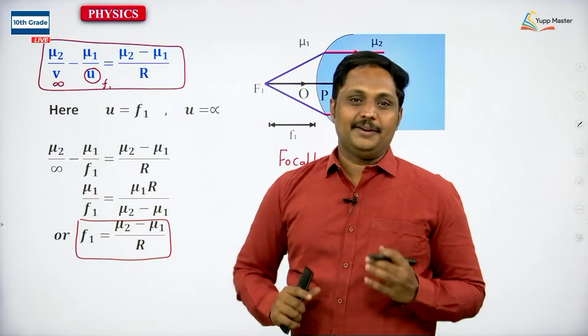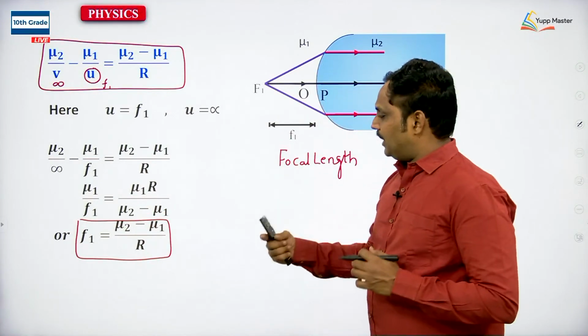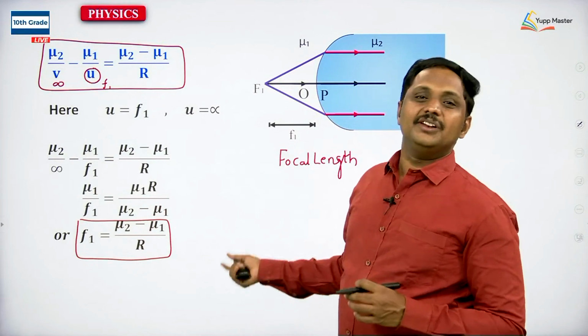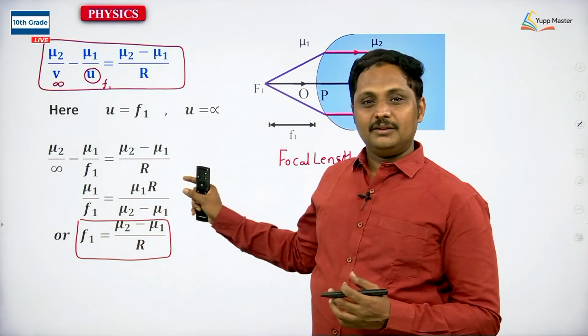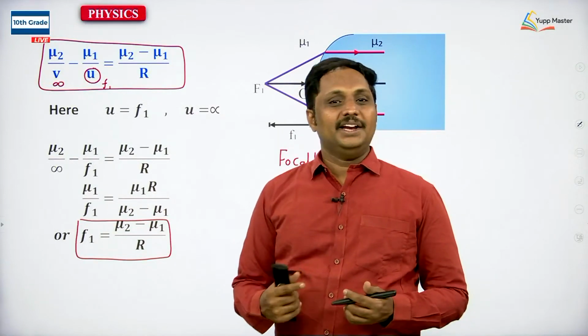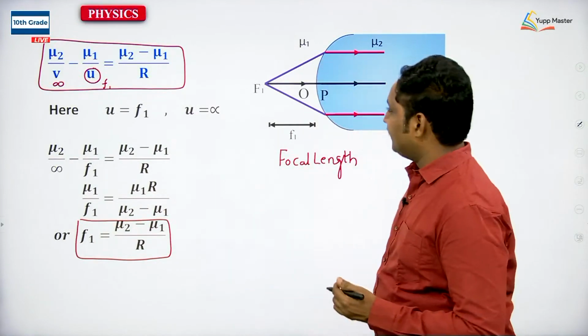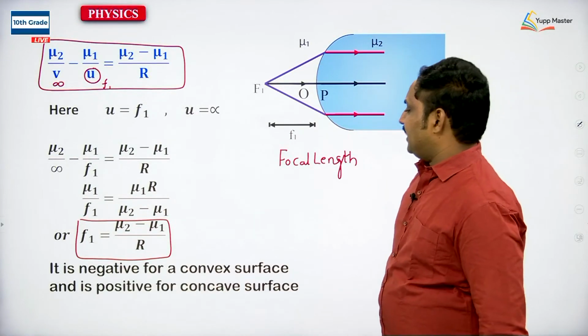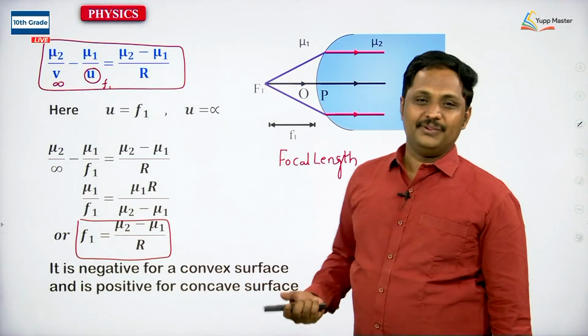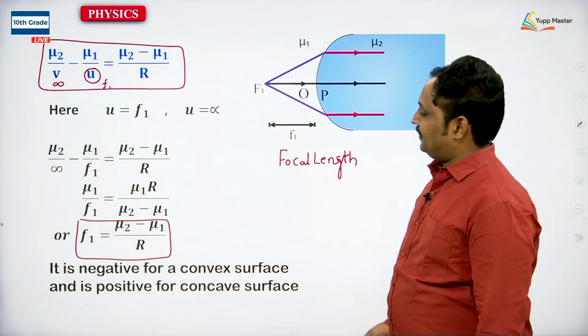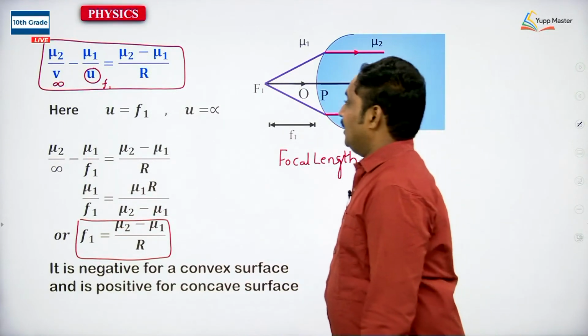So, according to the sign convention, f1 and r are related with each other. It is negative for a convex surface and positive for a concave surface. Yes, we have to take this one, right.